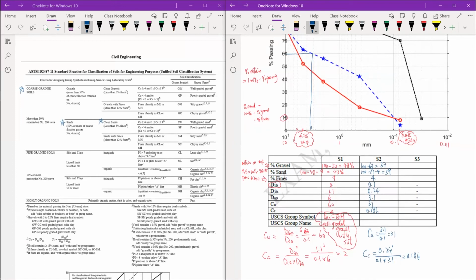In order to be well-graded, the C sub U needs to be greater than 6.